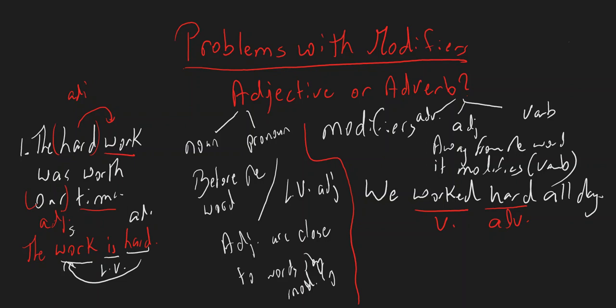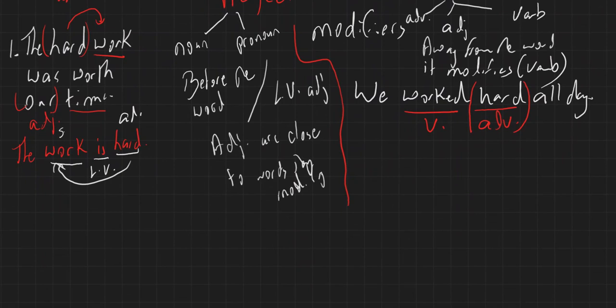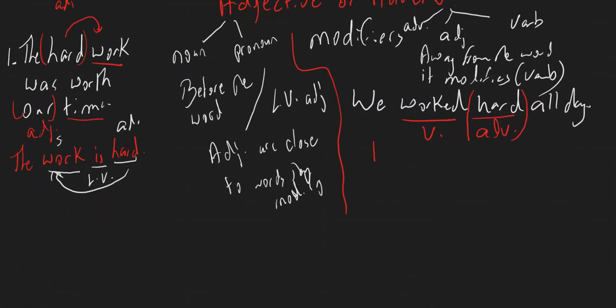Okay, and you can notice that some adjectives do not change in form between adjective and adverb, because we've taken already that in many cases adverbs end with ly, but in other cases they don't end with ly, so we cannot say hard or hardly, because if you change hard to hardly, you're changing the meaning.